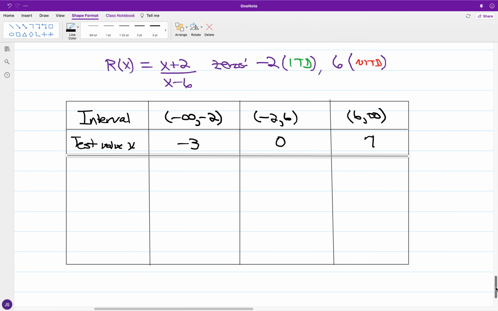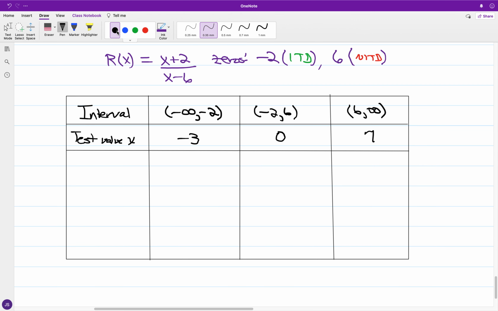And again, we have r of x equal to x plus 2 over x minus 6. So we have r of -3. You have -3 plus 2 is -1, and -3 minus 6 is -9. So we'll have negatives to cancel, so the output is going to be positive 1/9.